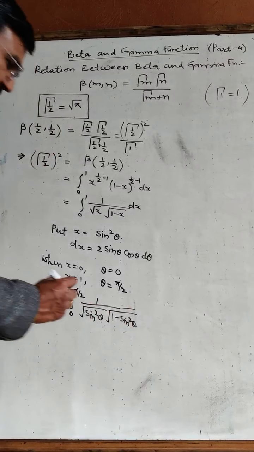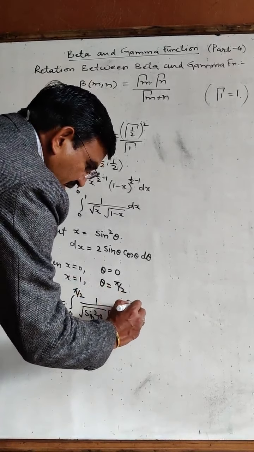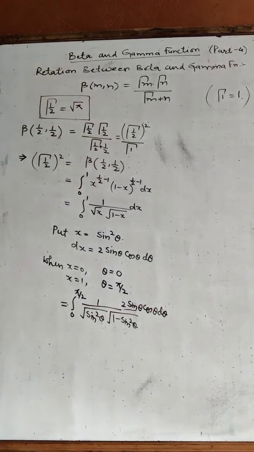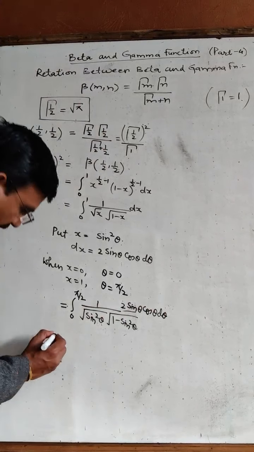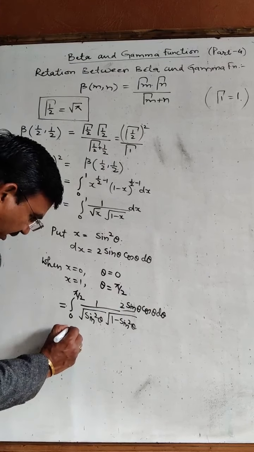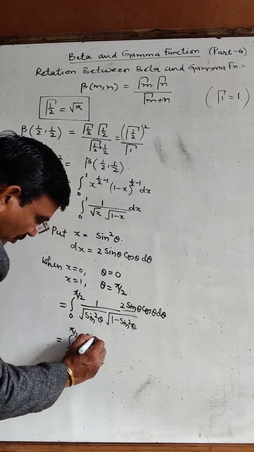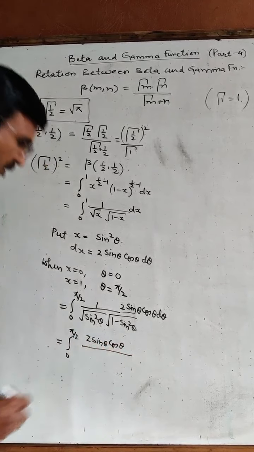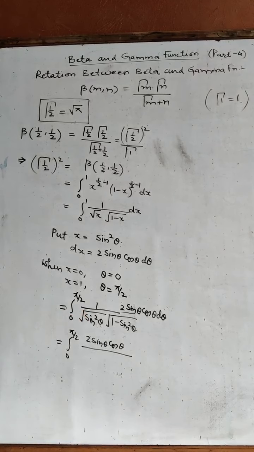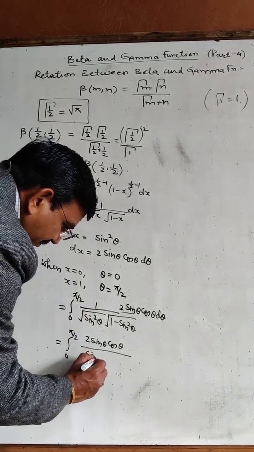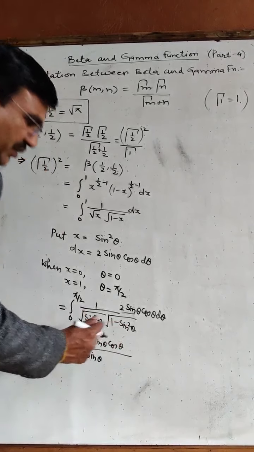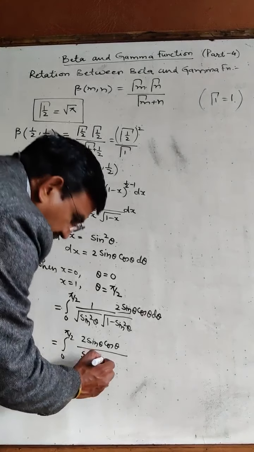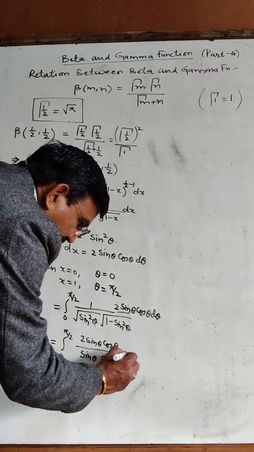Now dx is 2 sine theta cos theta d theta, and it would be equal to the integral from 0 to pi by 2 of 2 sine theta cos theta over, now the square root of sine square theta is sine theta, and 1 minus sine square theta is cos square theta, then we will take its square root, it will be cos theta, d theta.